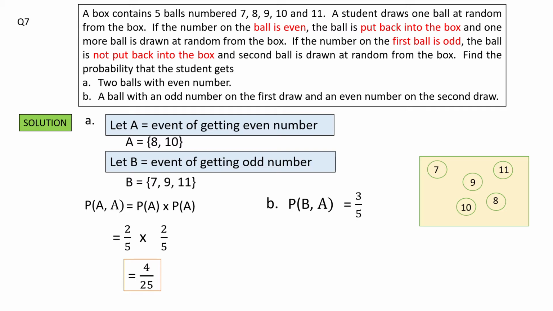That means for the second draw, only 4 balls are left, and out of 4 balls, 2 will be even numbers. Therefore, the probability of getting an even number on the second draw will be 2 over 4. Simplify this to get the final answer.